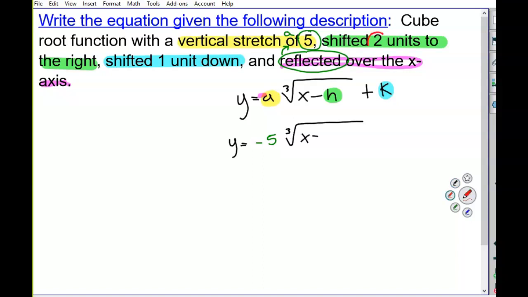Now, I'm shifted 2 units to the right. So if I have 2 units to the right, that means h is +2, but when it gets plugged in here, it's going to read the opposite of what you think. And that's usually the error that I see the most. So be very careful on that. And then the last one, the shift down 1 unit. This is k, and the fact that it's down means we're going in the negative direction.